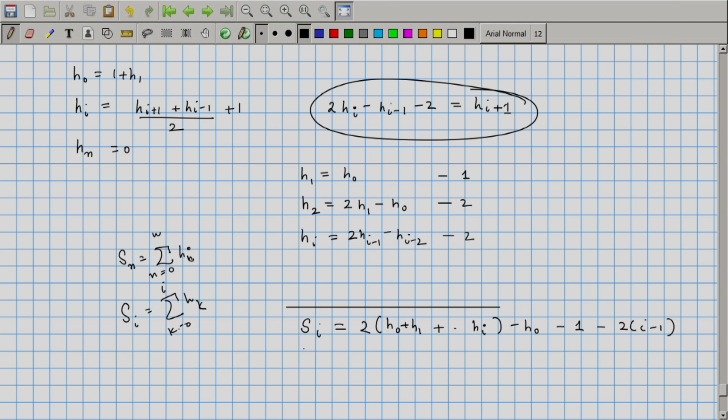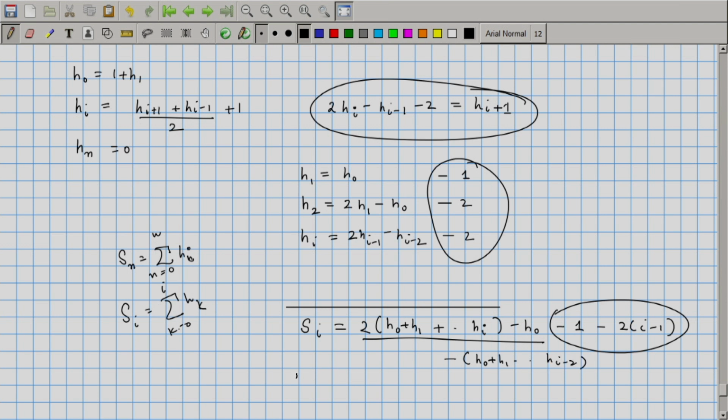Okay. So, this we can write as, oh sorry, there is an additional term that we have missed. So, these 2's sum to this, these sum to this much, and the other terms sum to minus h 0 plus h 1 to h I minus 2. Okay.